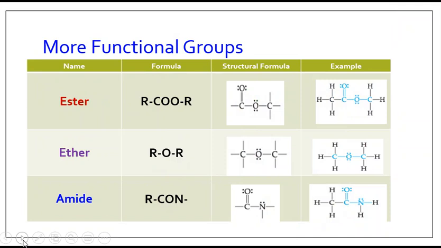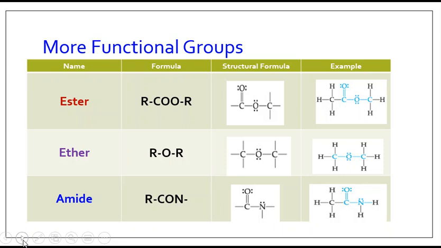The last 3 we don't really name in a Chem 1 class, but we still want to recognize their functional groups. Esters are really great. We have a fun ester lab we do in AP because esters have lots of really good smells to them, and they're used in lots of products that need fragrances like candles and lotions and stuff.